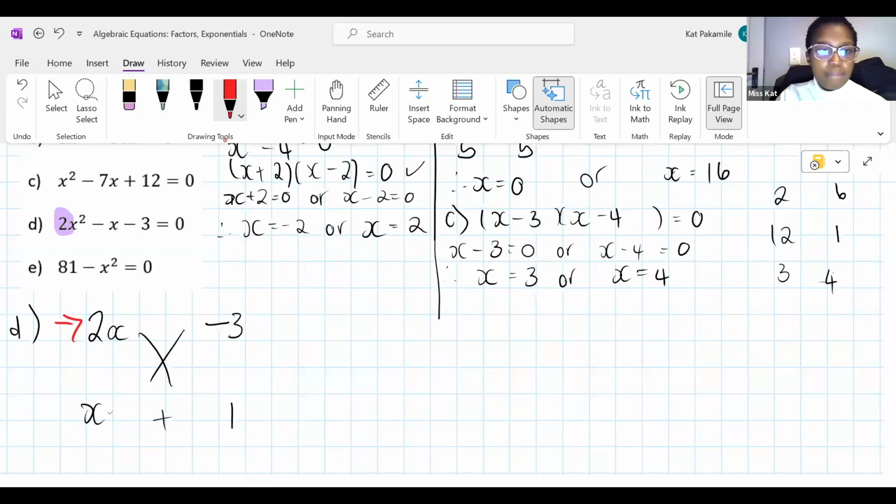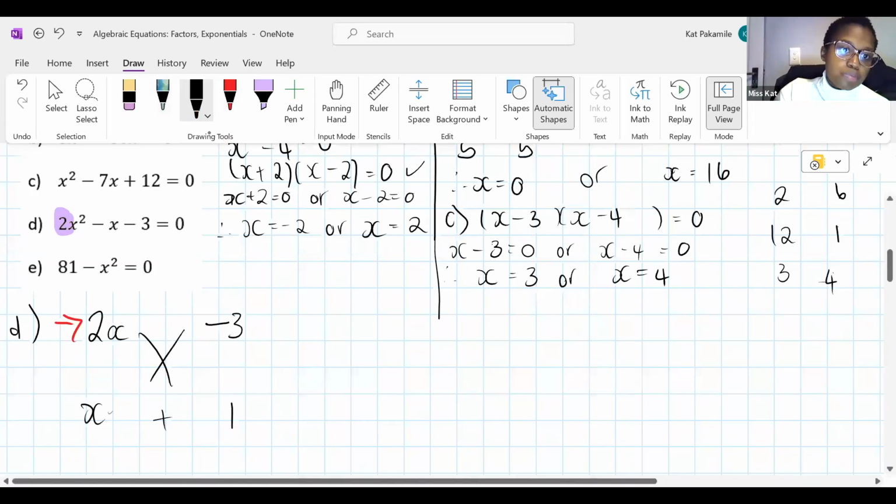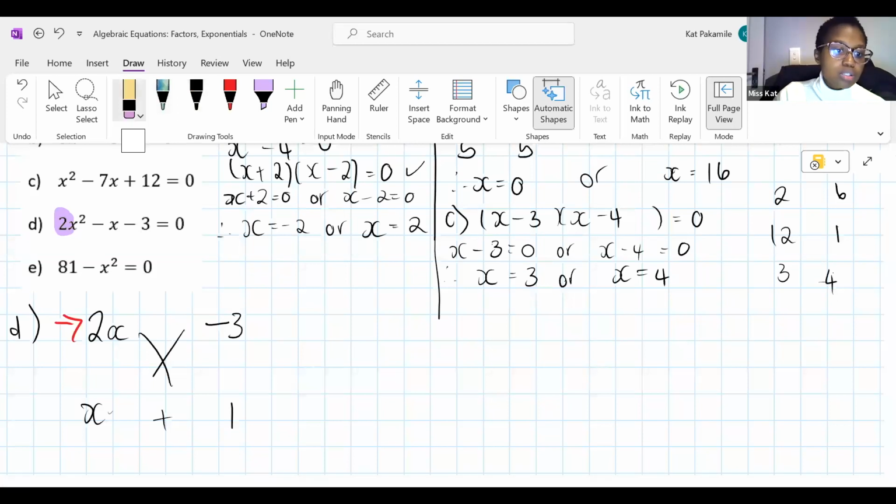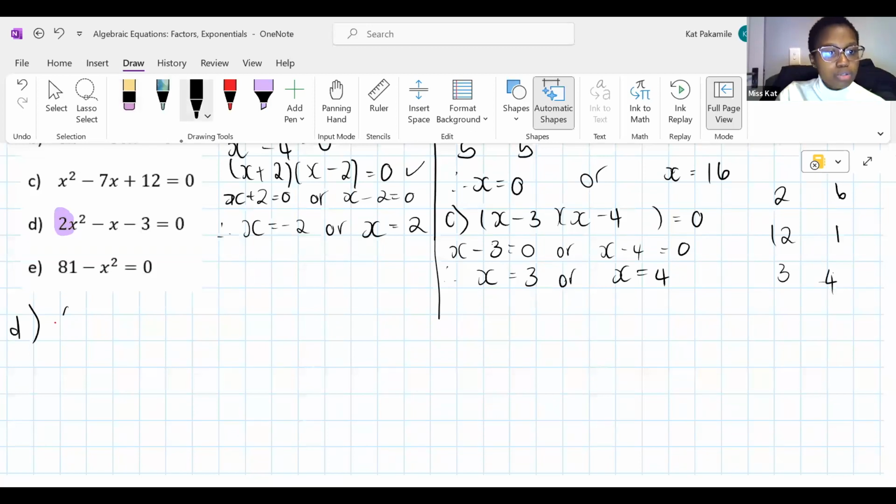It's 2x minus 3 and x plus 1. Those are the two brackets. So 2x minus 3, x plus 1 equals 0.